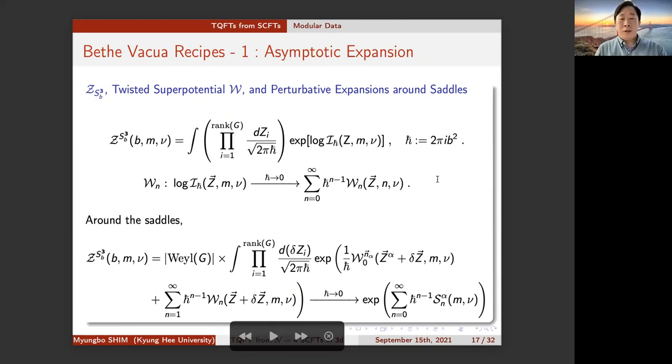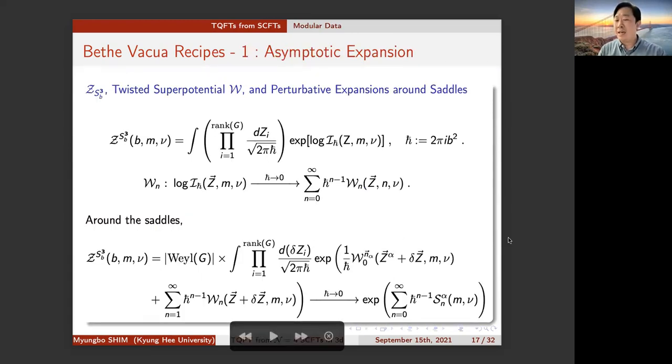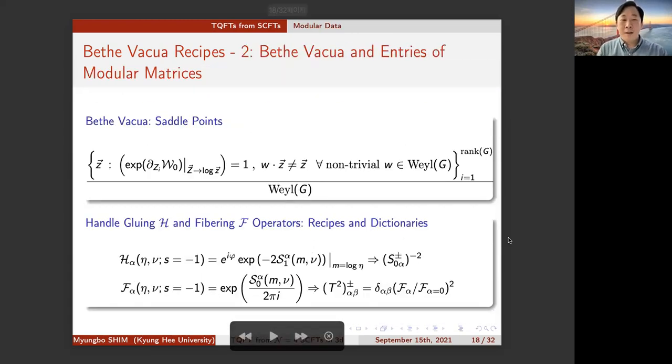After the perturbative expansion, we can approximate this integral using the saddle point approximation. Then we can expand the integrand around the saddle point, and obtain the saddle point equation for the integration variable z_i.